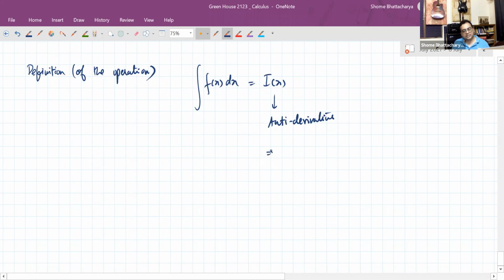That implies that if we differentiate that quantity, we will get the original function which we integrated.